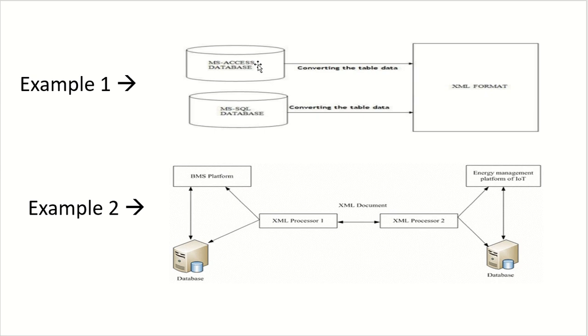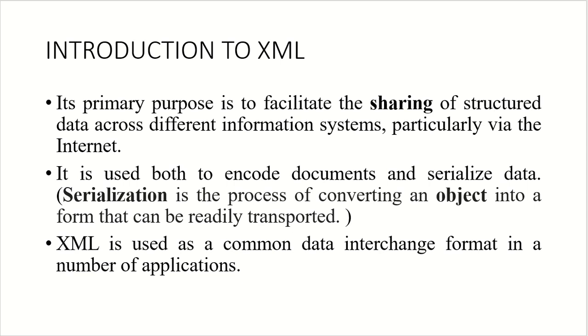The other client will again pick the XML format, convert it into its own database and read the data. So this is the power of XML, that any database running with any application on any operating system on any hardware can communicate with each other.